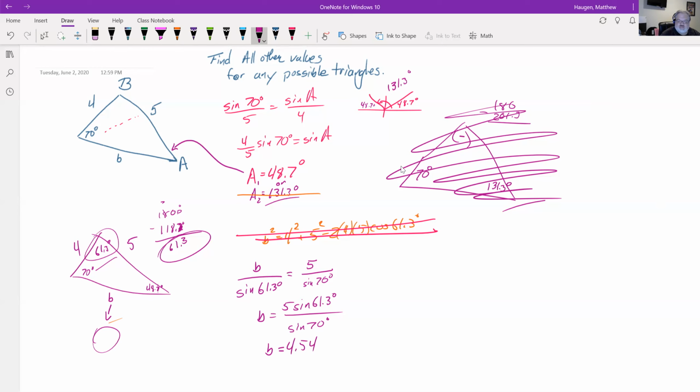So that 4.54 is that other length. So a nice little review of a law of sines question.